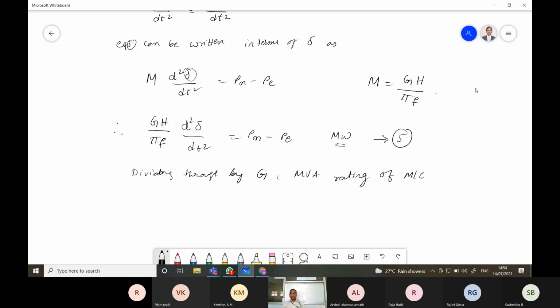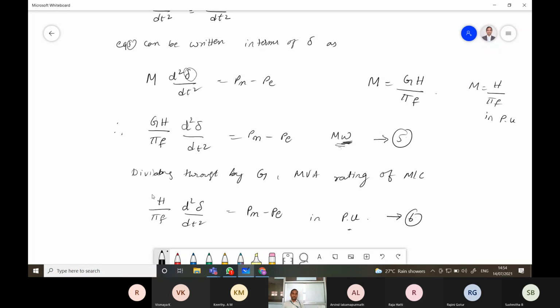So M is equal to H by pi f in terms of per unit. So H by pi f into d square delta by dt square is equal to Pm minus Pe in terms of per unit. This is in terms of megawatt, this is in terms of per unit, with the rating as base. This is equation number 6.